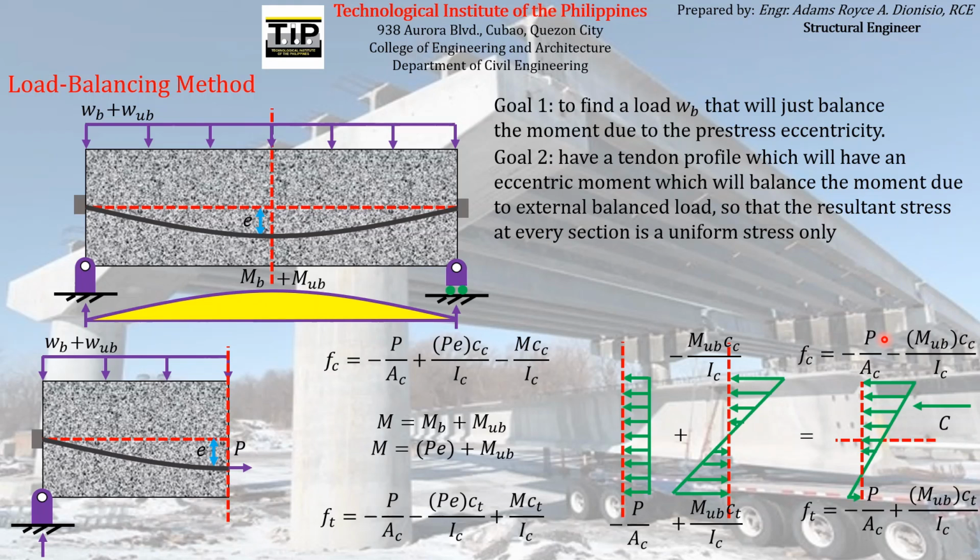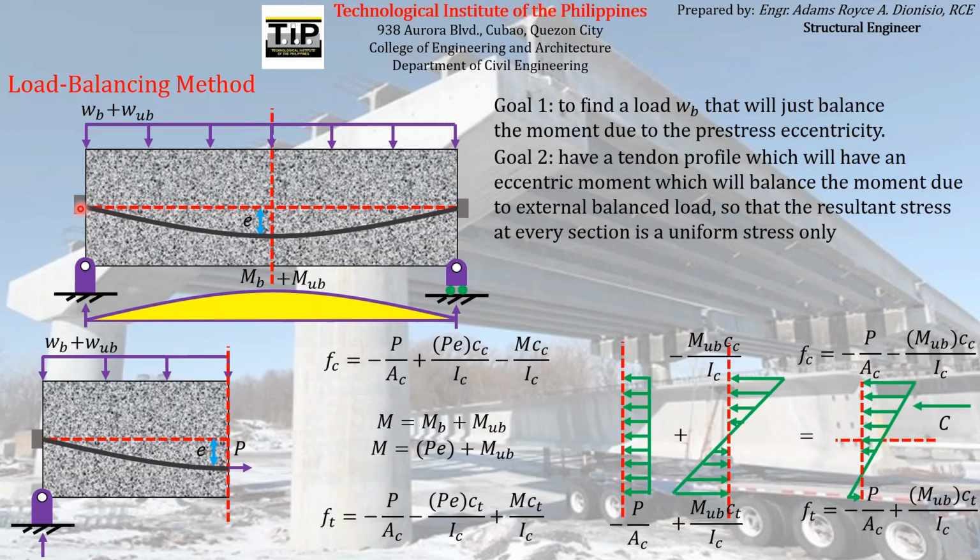The formula is different, but if you investigate it, it is equal to the formula for the basic concept method. So technically, you must have a similar answer if you use the basic concept method and the load balancing method formula.